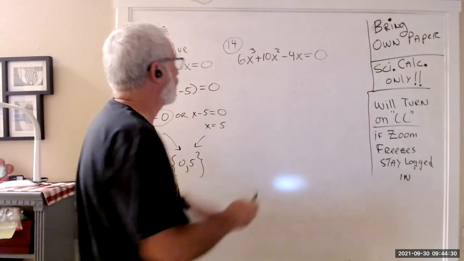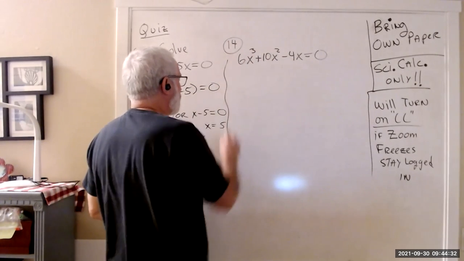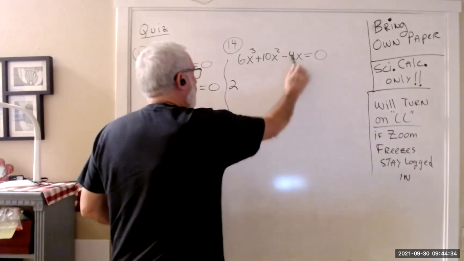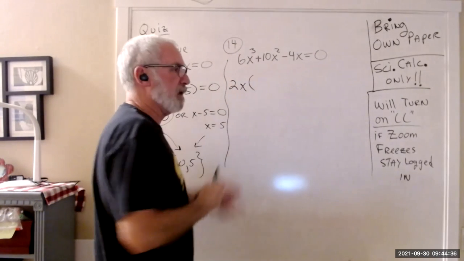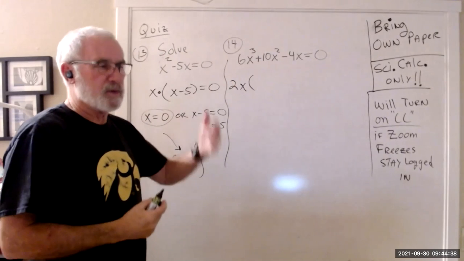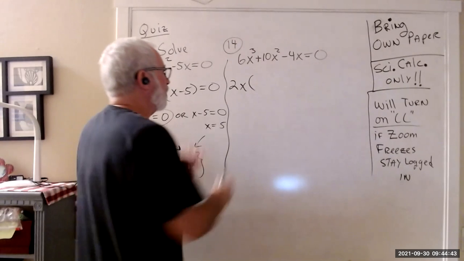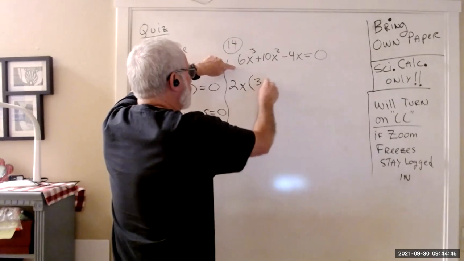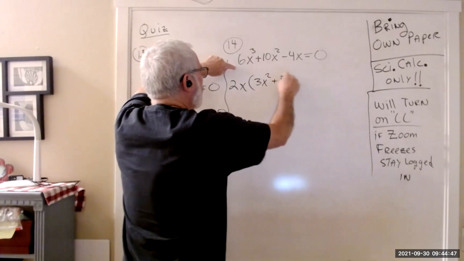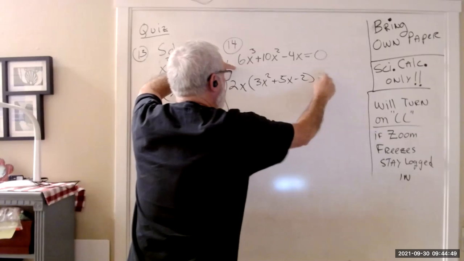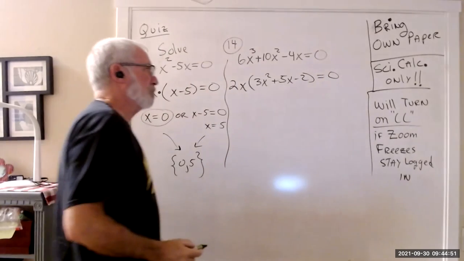So I'm looking at these and I go, hey, I can pull out a 2 and an X out of everybody. And remember, we're not pulling out, we're technically dividing out. So when we divide 2x out of this, it makes 3x squared plus 5x minus 2 equals 0.